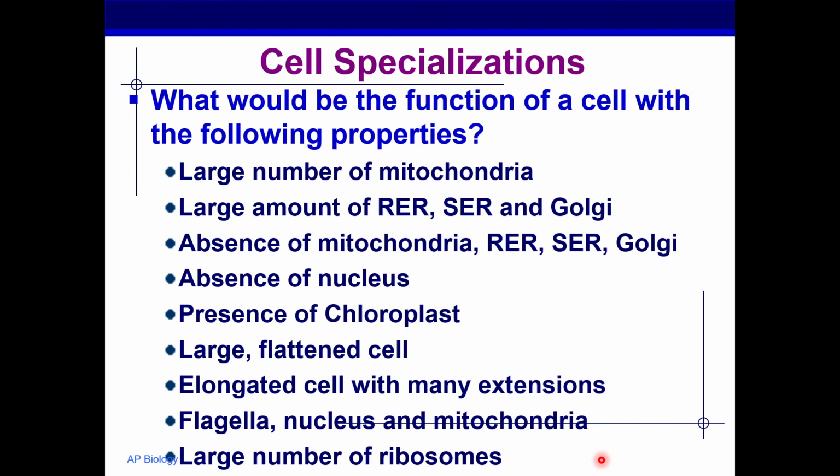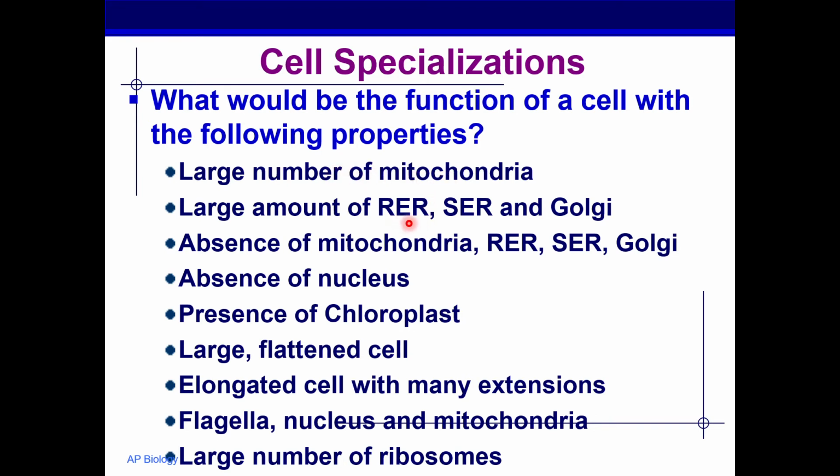What kind of organelles that cells have lead to a specialization of that cell. So for example, since mitochondria, the powerhouse of the cell, are making the ATP, if there are cells that have a large number of mitochondria, they're going to have a lot of energy reserves. So this could be something like a muscle cell.